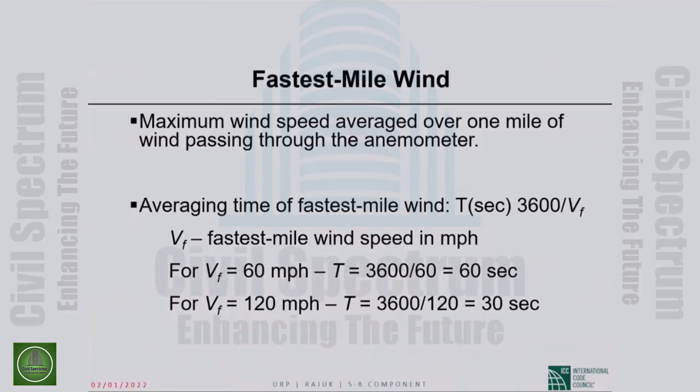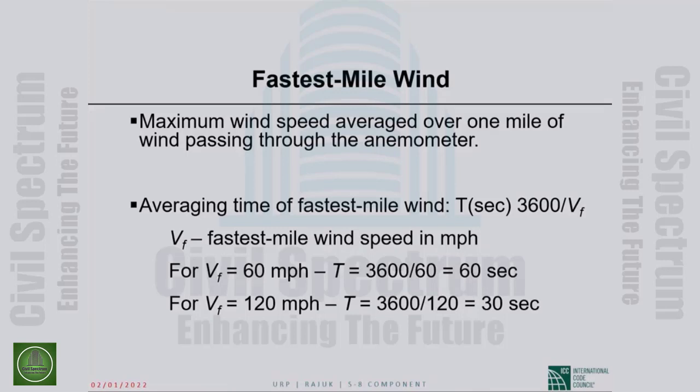Maximum wind speed averaged over, so when we used to use fastest mile wind speed, the averaging time was the time it took a mile of wind, a mile long, what's the word? The time it took for a mile length of wind to pass through the measuring instrument called the anemometer.